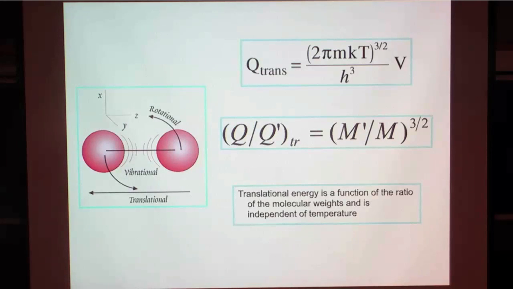For the translational, it's equal to 2 pi times mass times the Boltzmann constant, temperature, over the Planck constant, times volume. When you take ratios for two isotopes, everything cancels except for the mass. So you have the light isotope over the heavy isotope.